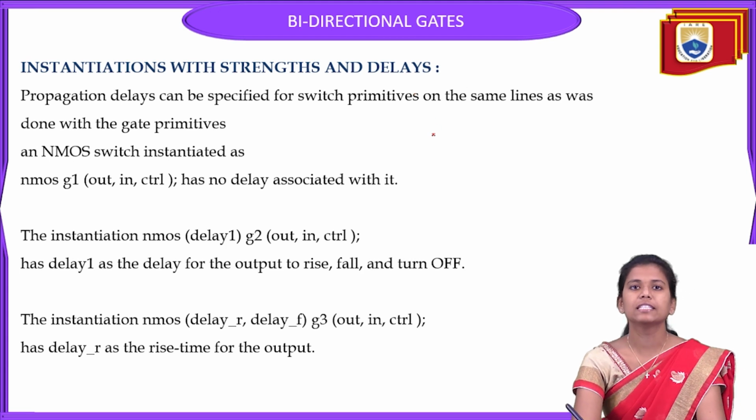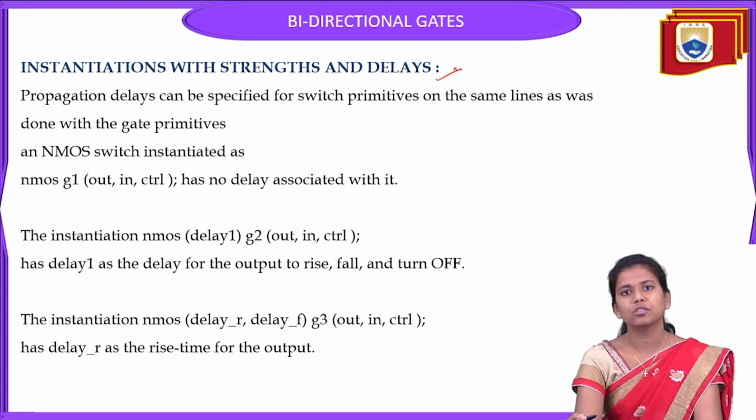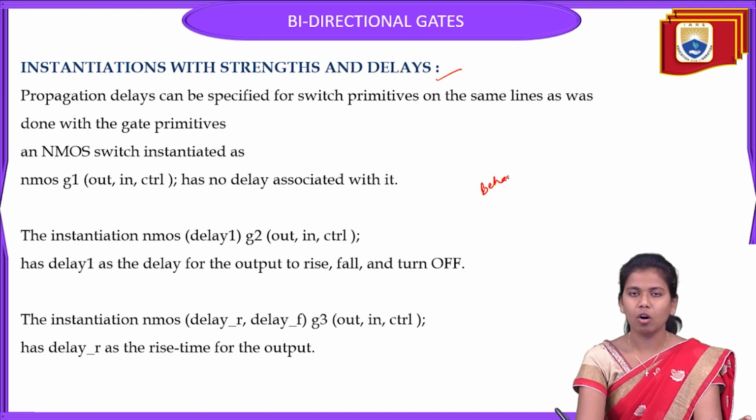And coming to the instantiation with strengths and delays. We know about delays from the previous module, in different modeling styles: behavioral modeling, gate level modeling, and, right now, switch level modeling and data flow modeling.